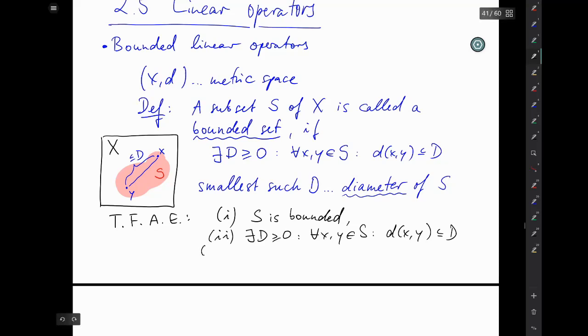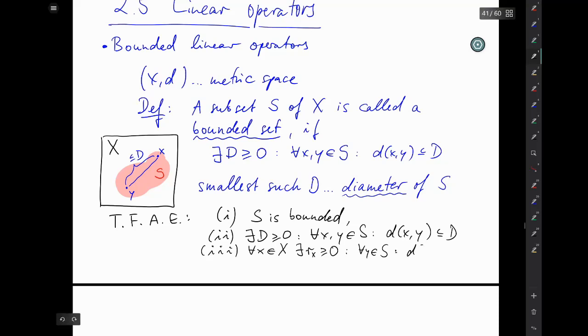Now here is something new. For every x in, and now this is X, not S, there exists a number, let's call it r_x, and refer to it as a radius, greater than or equal to 0, such that every y in S is within that radius of the point x.